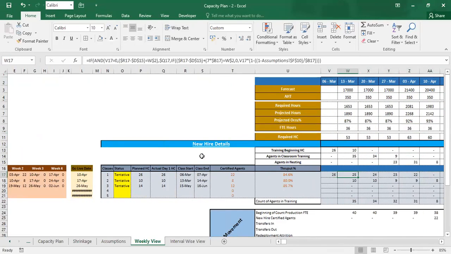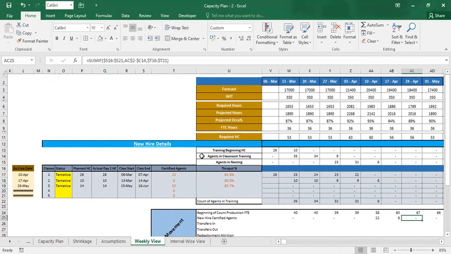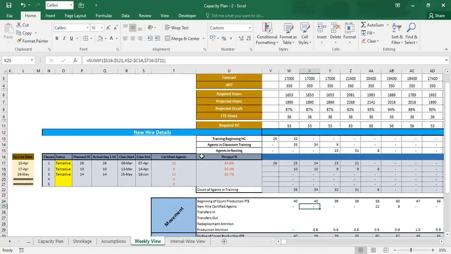These are the training weeks. And here you can see that we have applied the attrition week on week. Now here you can see the beginning count of production head count. Here I have taken 40. I have also shown the transfer in and out.